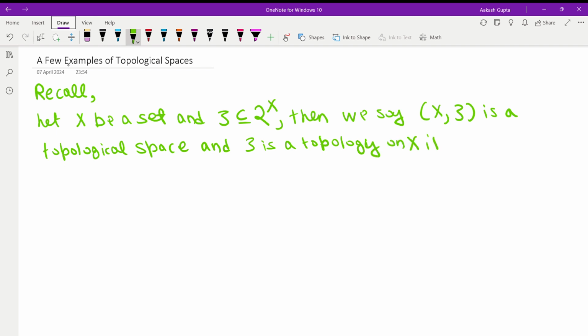If it should have three properties. More or less three, right? So what should be the first thing? The empty set and the whole set should be inside tau. So let me write like this. If tau satisfies the following.